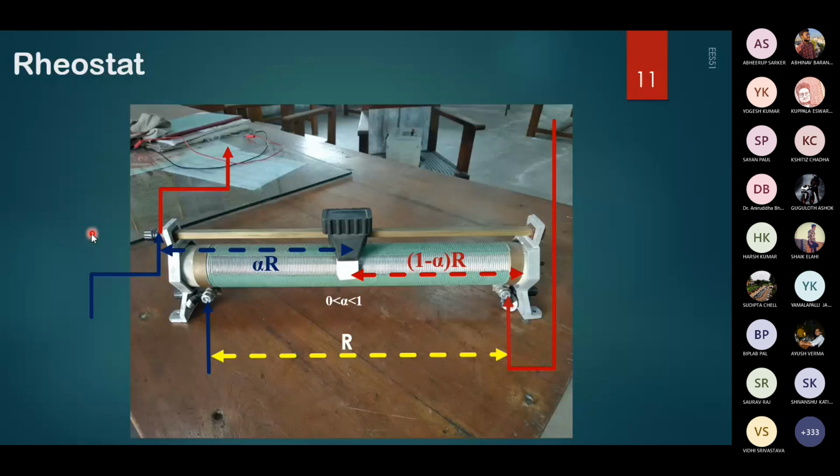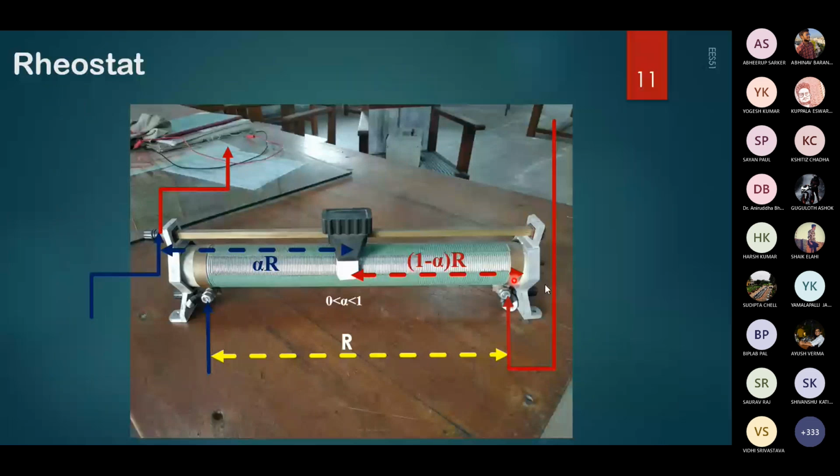Suppose you connect one wire here and another here. So the current flows from here to here through this jockey, comes over here, and then this terminal will go to the other part of the circuitry. So this much resistance will come into the picture.